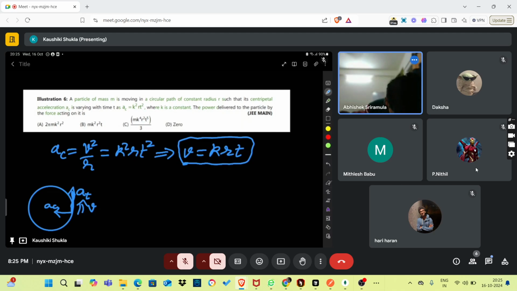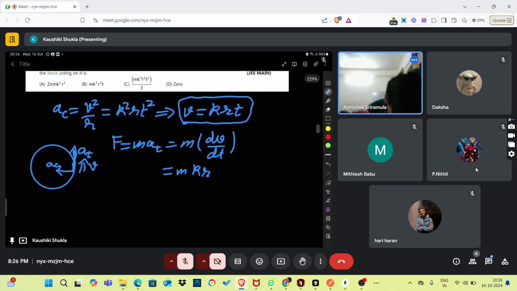So there is a tangential force acting here, F equals m a_t, which is m dv by dt, so m k r, because r is given as a constant radius.